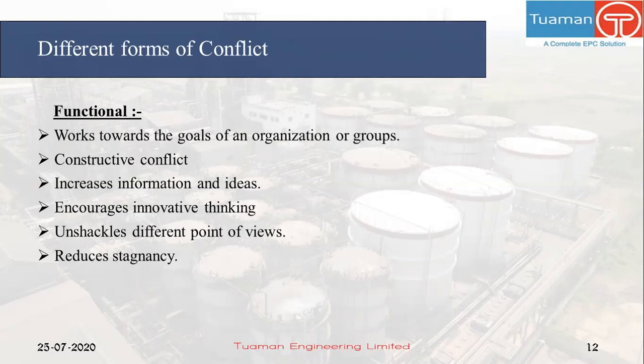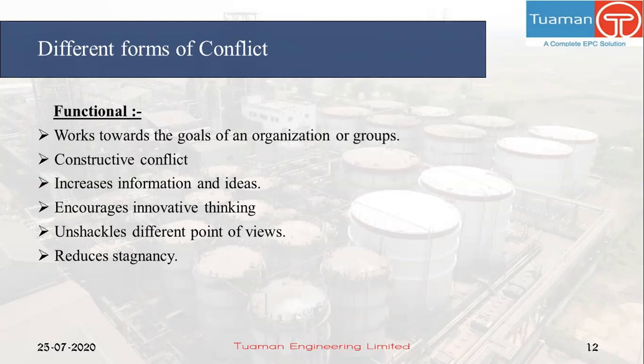Next is a conflict which is constructive. It helps to come to a consensus. It is known as constructive conflict, and it helps to provide a solution to the problem. Next, it increases information and ideas, because people share their points of view and express themselves, which leads to good information and ideas.